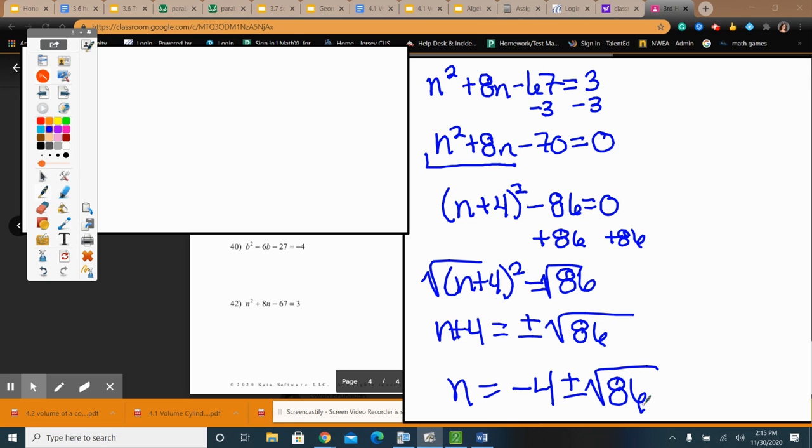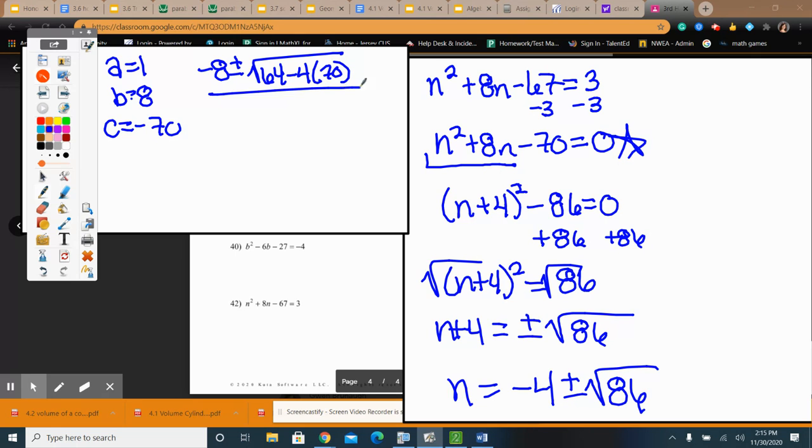Okay, I'm curious what quadratic formula would leave me with underneath the radical. I would get A is 1, B is 8, and C is negative 70, because I would start right here at this step. Negative B is negative 8, plus or minus square root. B squared is 64, minus 4 times 70, all over 2A, which is 2.